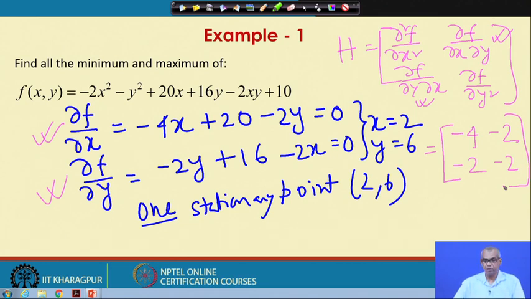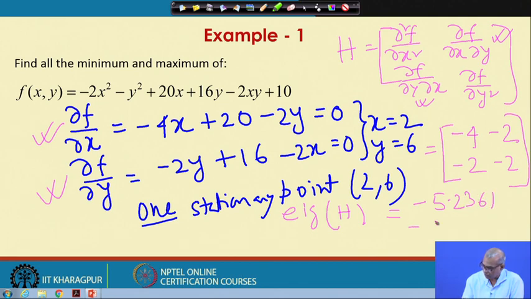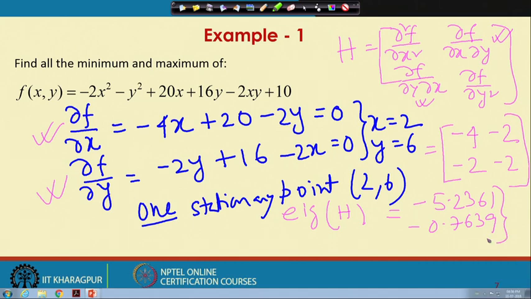So, this Hessian matrix is minus 4, minus 2, minus 2, minus 2. Eigenvalues for this Hessian matrix, if you evaluate, are minus 5.2361 and minus 0.7639. So, both the eigenvalues are negative. So, the Hessian matrix is negative definite.